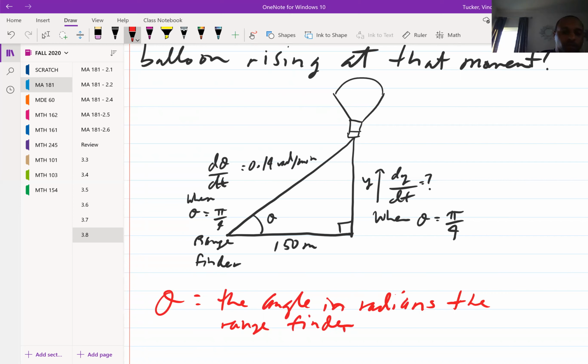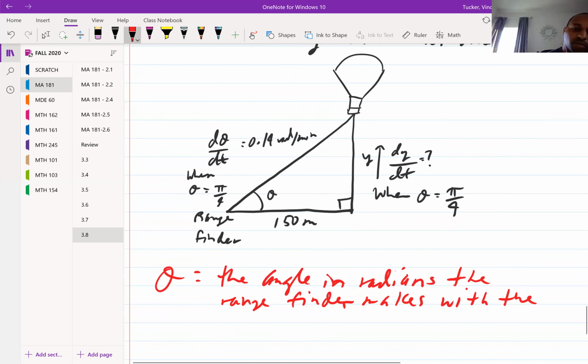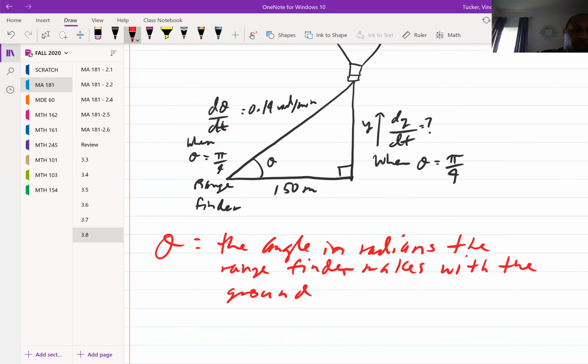Angle in radians the rangefinder makes with the ground. And then y, which is the height, right?